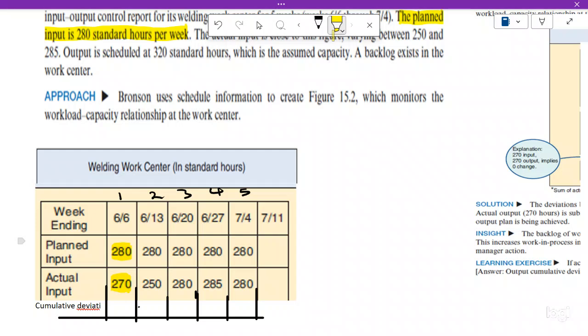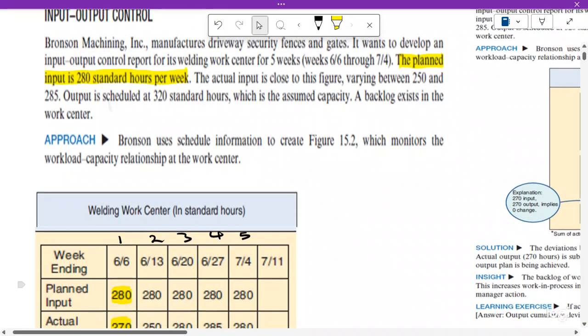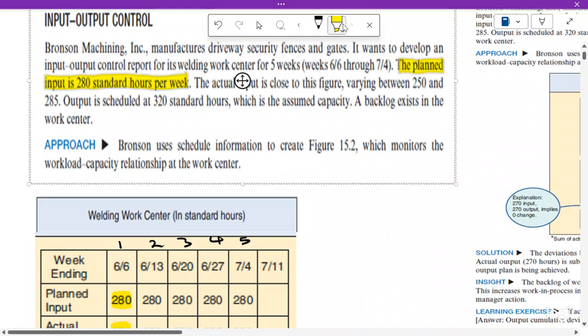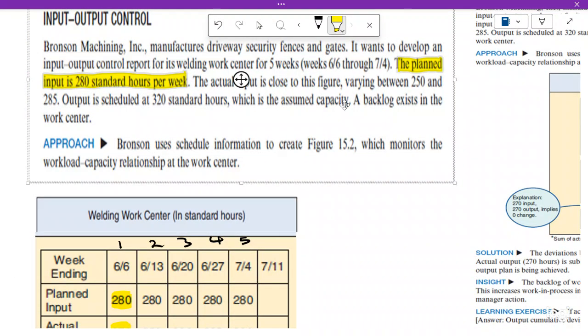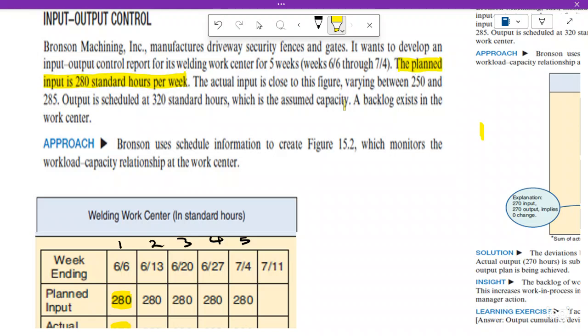So now, as you can see, it continues to say this one varies. The actual input varies from 250 to 285, as you can see there.